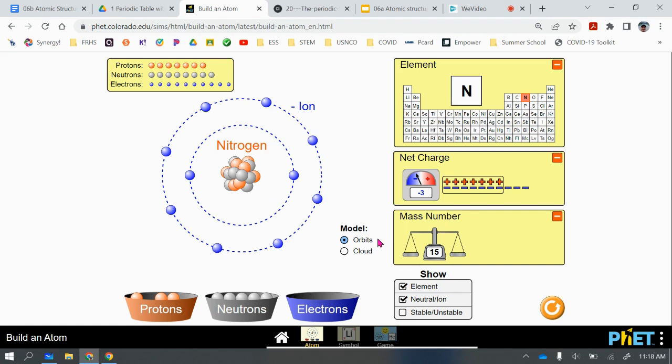Go ahead and create an isotope of boron, let's make a boron 10 that is a +2 ion, has a charge of +2. Go.